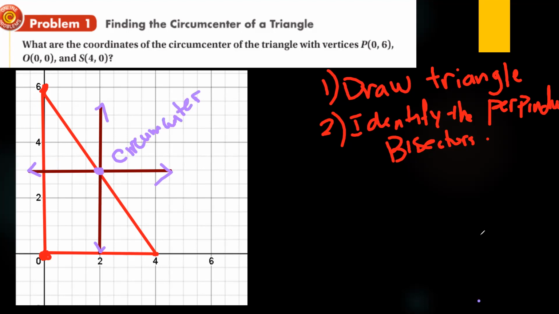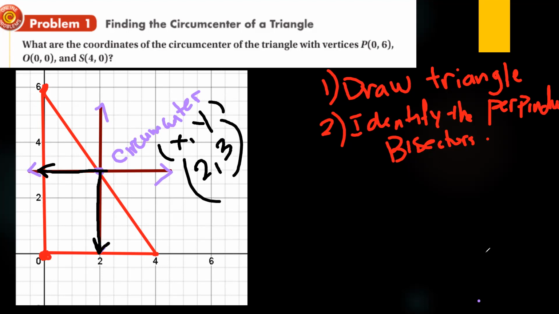Right. Now, what did I need? I need to identify the coordinates. In order to identify the coordinates, they are x and y. So here, where's the x? 2. At point 2. And where's the y? 3. At point 3.